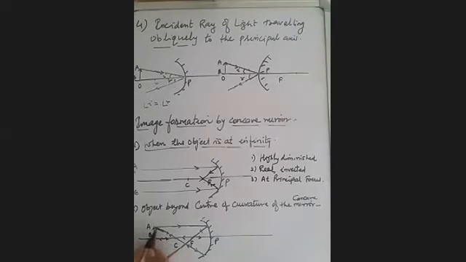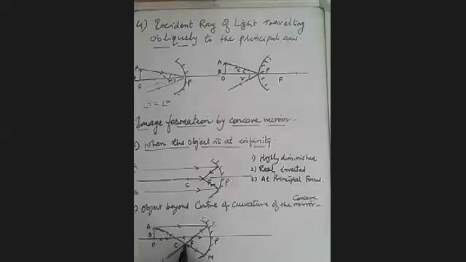So one reflected ray is this, K L, and another reflected ray is, suppose this point is M. So these two rays are meeting at this point. So this point will become the image of point A, because after reflection, rays from the point A are actually meeting at this point.